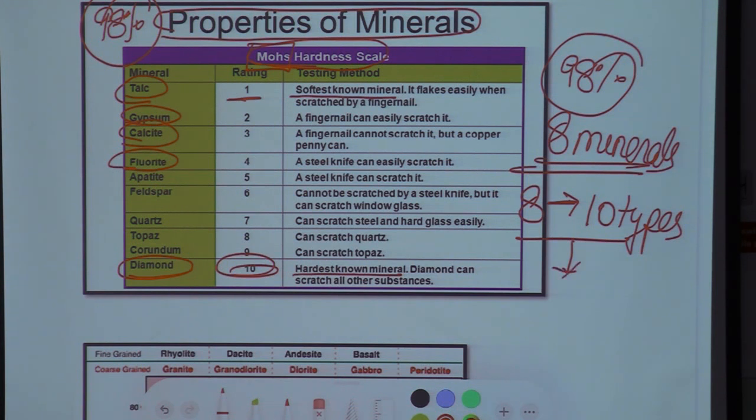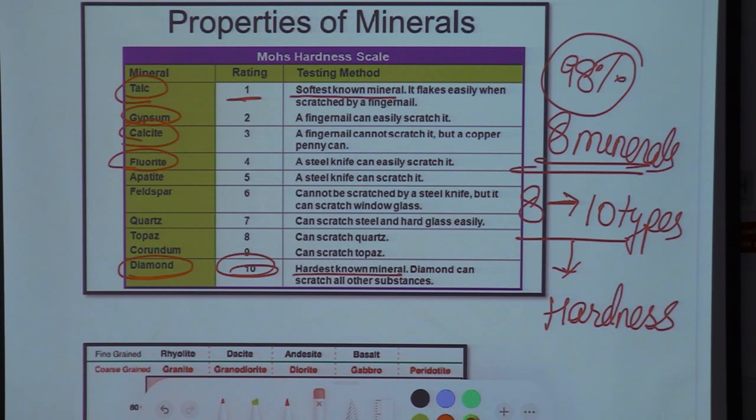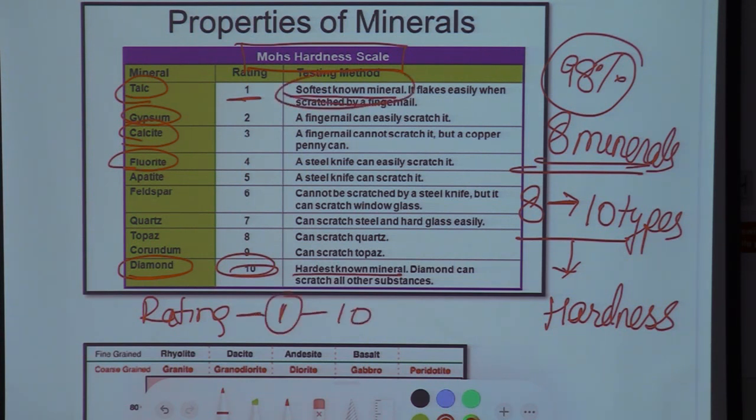One of the 10 types is hardness, and hardness of the minerals is studied on the basis of the Mohs hardness scale. This scale is about rating, hardness rating from 1 to 10, 1 being softest known, 10 being hardest known. And this is how I can easily demarcate the content matter of this particular chapter, part 1.